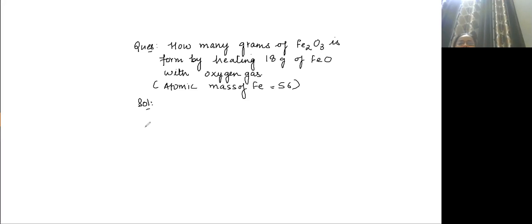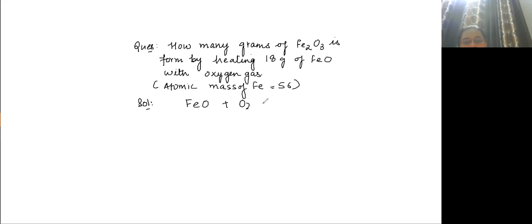What is the chemical reaction? By reading this, can you tell me what is the chemical reaction? Write down the chemical reaction. Good. FeO plus O2 will give Fe2O3.